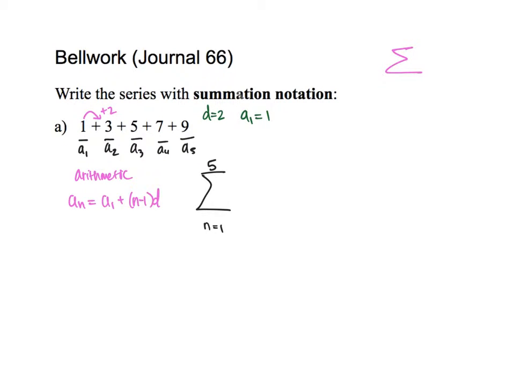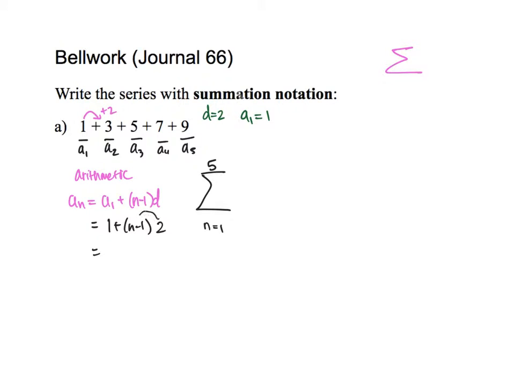Okay, from there I'm going to plug these two values into my formula to create a rule or a formula that's specific to this series. So if I plug that in, let's see what we get here. This would be A1, which is 1, plus n minus 1. D is 2.